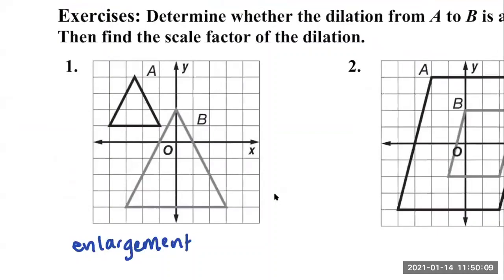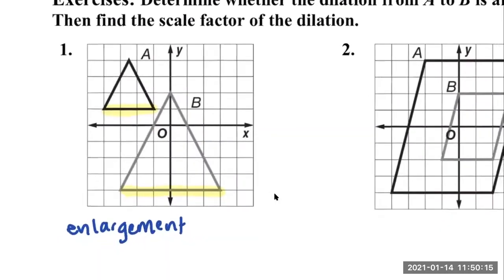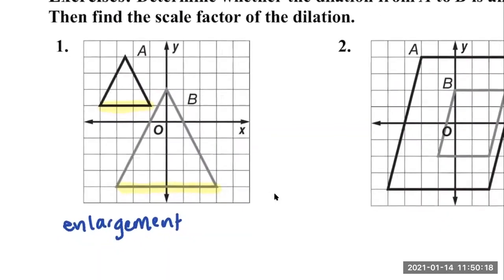So in this case, find the side that is the easiest to find the lengths of, and that's going to be the base of these triangles. It went from a length of 3 to a length of 6. So you want to ask yourself, what are you multiplying by to get that? And that's going to be that K value that they're looking for, that scale factor. So K is 2. We went from 3 to 6.